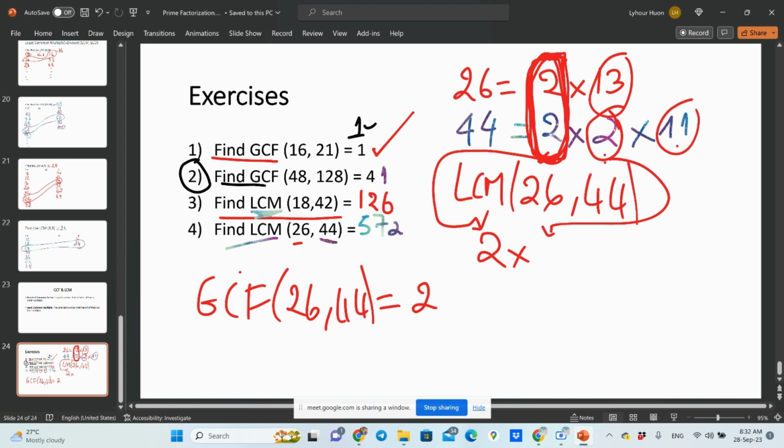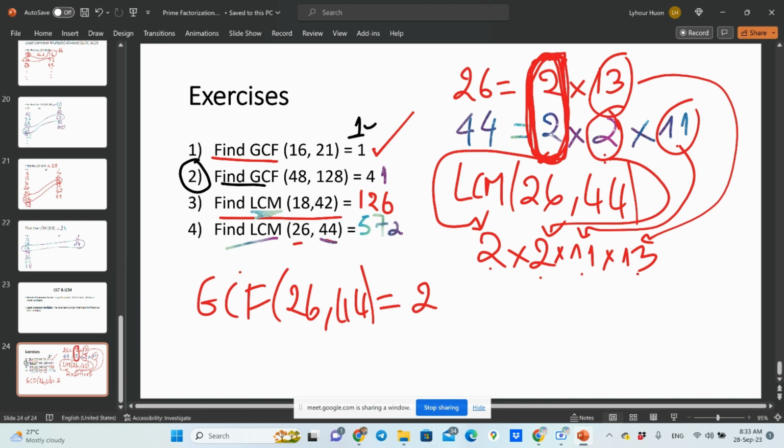So here 2, here 11, and here 13. So the result of the LCM equals 2 times 11 times 13.